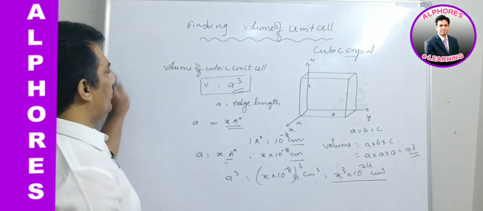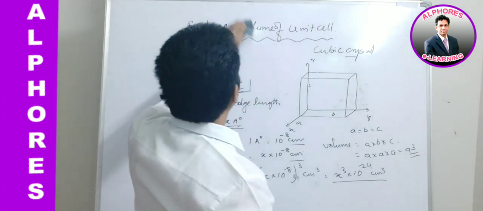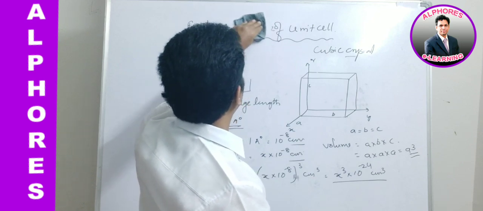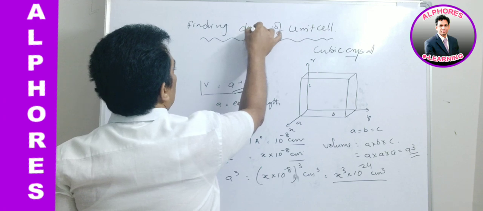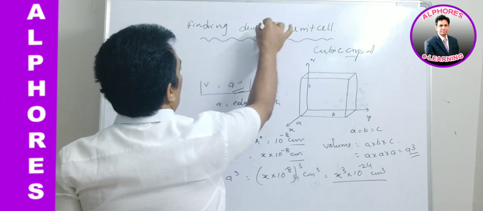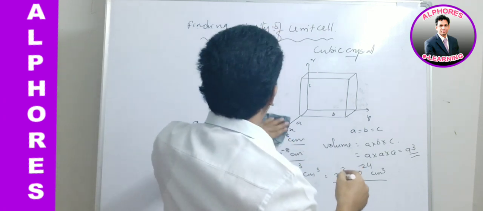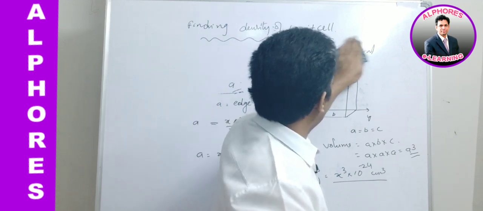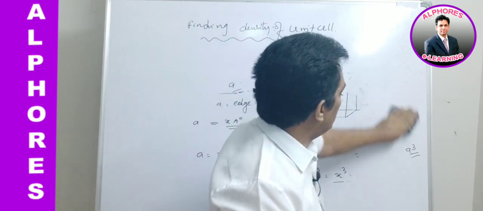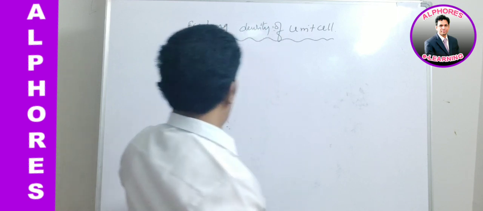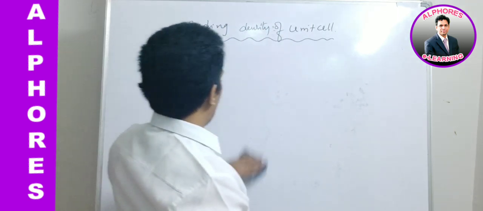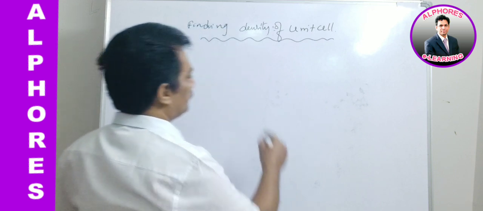Clear? And now, finding the density of unit cell. The next topic is finding density of unit cell for cubic unit cell itself. For cubic crystal, what will be the density? Already we discussed the two factors related to this unit cell, that is nothing but mass and volume.